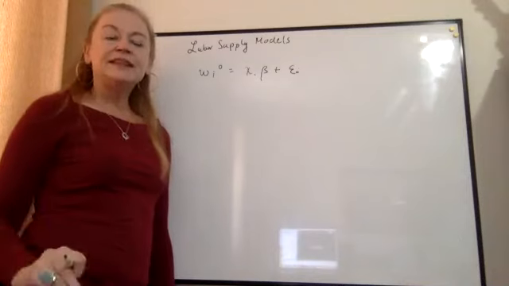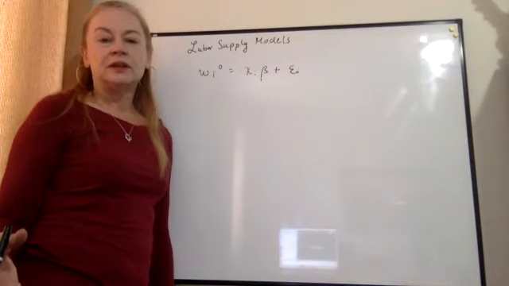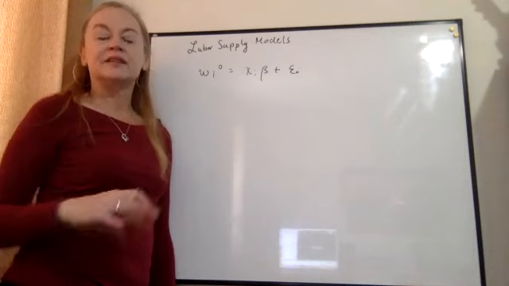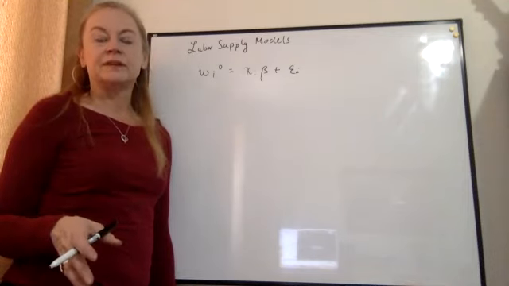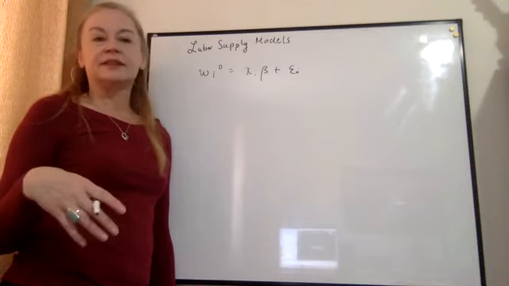If they did buy the good, you see what they paid for it. If they did not buy the good, then you don't see what they paid for it. That's the censoring.